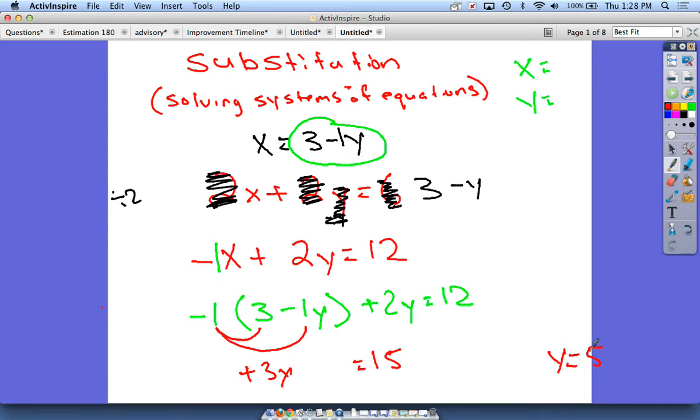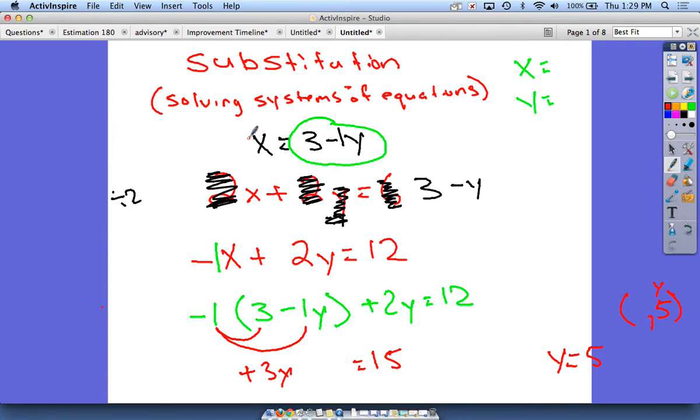So now to find x, and I'll put my coordinate on here, all I have to do is go back to any equation that I have on this whole thing and put 5 in for y. This is kind of like what we did at the end of all the elimination ones, but this is also the last step for substitution. So I'm going to put 5 in here, and I'll choose this one right here.